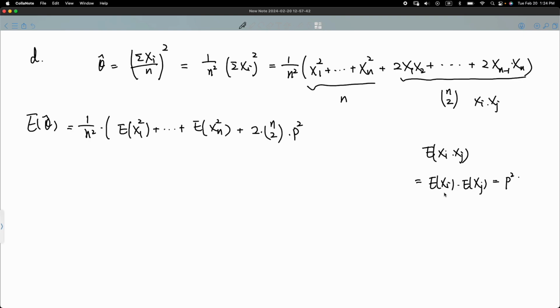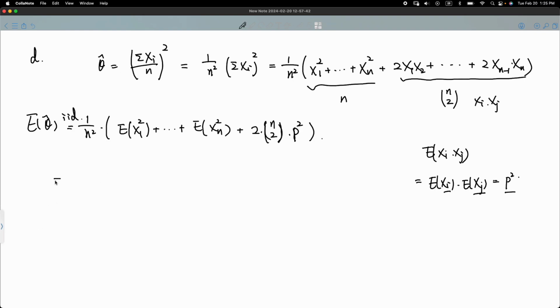So for any arbitrary xi and xj, the expected of the product is p square, and because they are IID, you have n choose 2 copies, and each of them is equal to p square. So that's why we can write it in here.